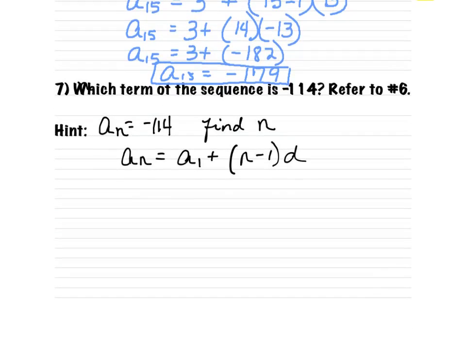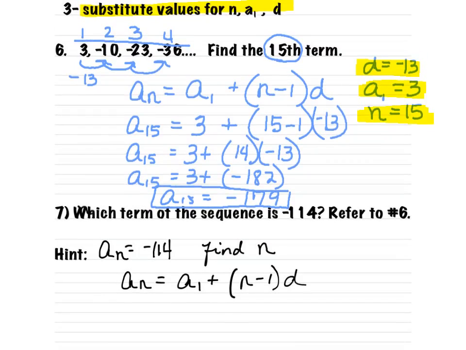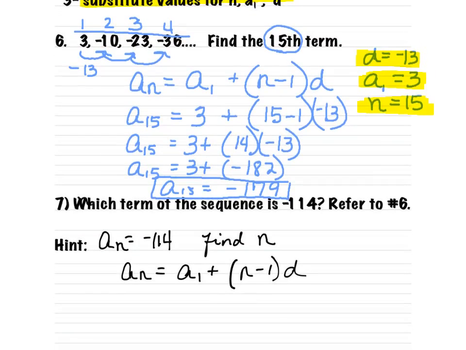Number 7, which term of the sequence is negative 114? And you've got to refer to this sequence here, number 6. So now we're not looking for the nth term. What we're looking for is which term of the sequence is negative 114. So I gave you a hint.